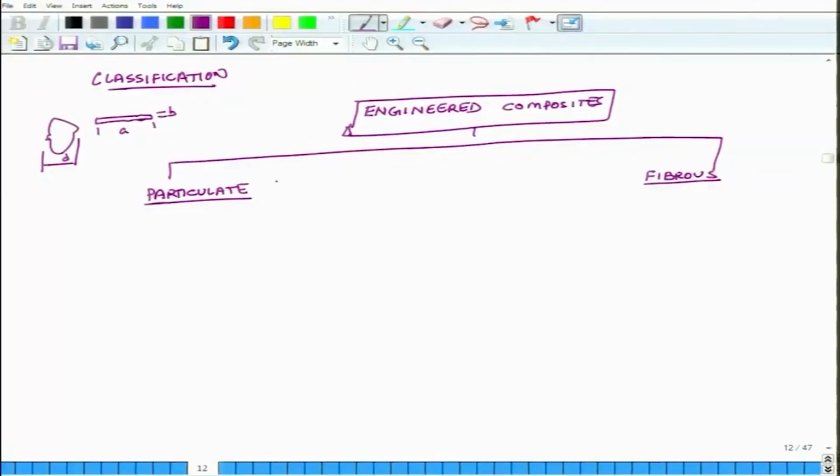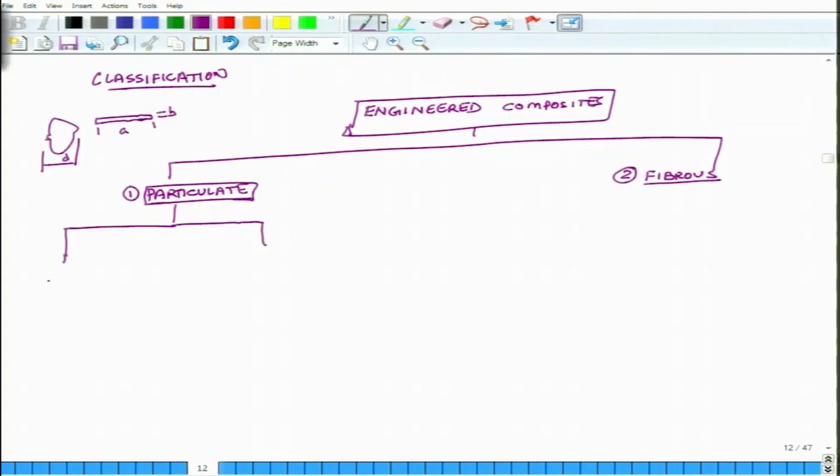Now, this is the first category of composites and this is the second category of composites, particulate and fibrous. Now, let us look at different types of particulate composites. So, a particulate composite can further be classified into two groups.